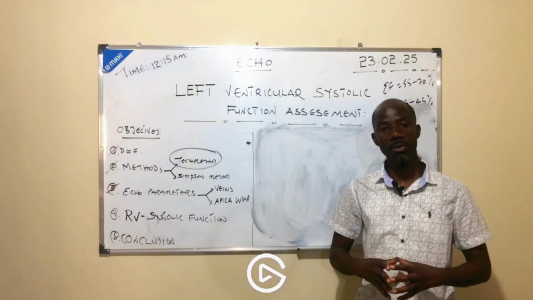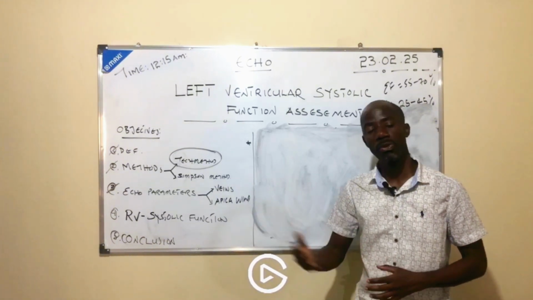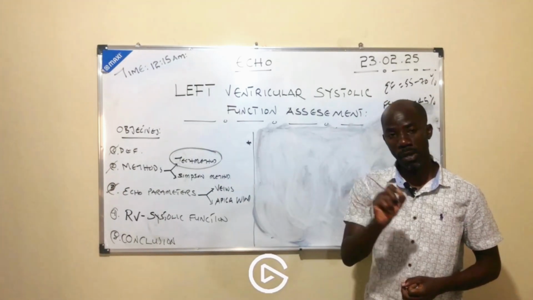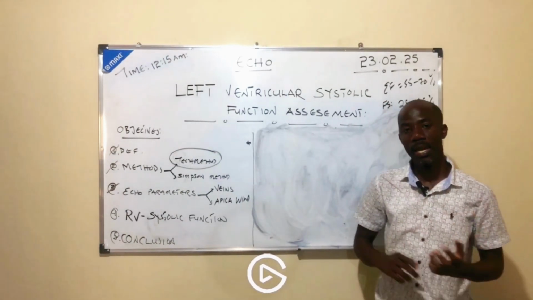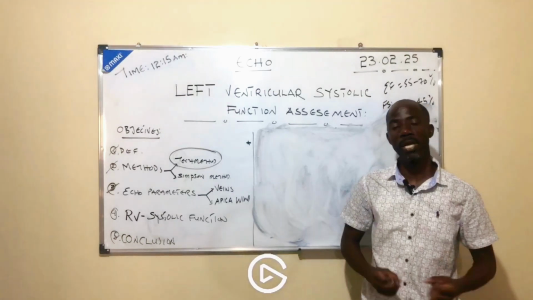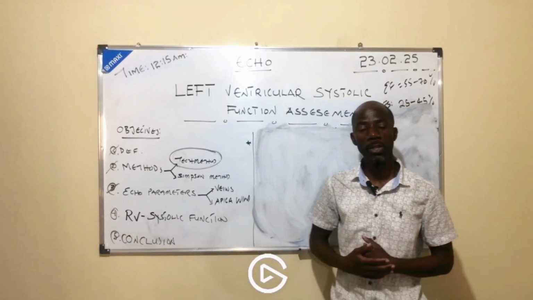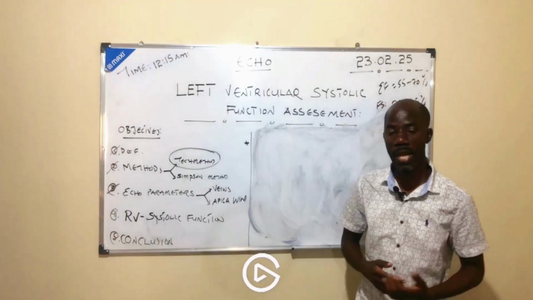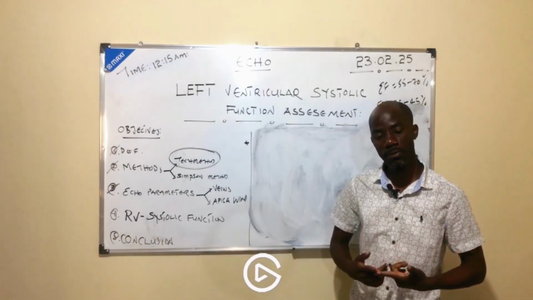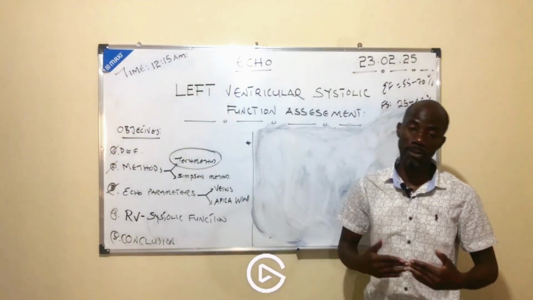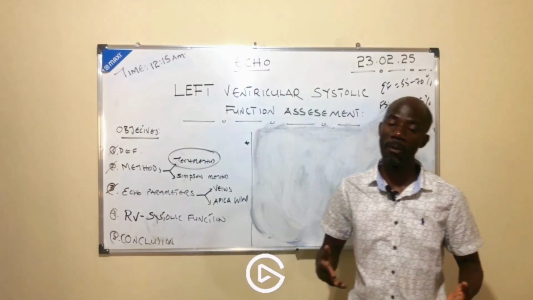It's called the Simpson method because we also take into consideration the biplane aspect of it, where you have to trace the chambers of the left ventricle in systole and in diastole. How do you make sure that this is systole and this is diastole? You consider the mitral valve in systole when it is closed, and in diastole when it is open.